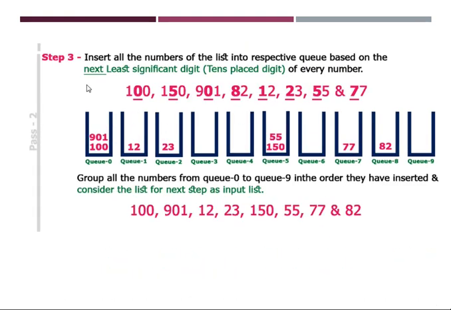Now in step number 3, we insert all the elements of the list into their respective queues based on the next least significant digit. See here, the sequence of the series has been changed. We are taking out elements from these queues.